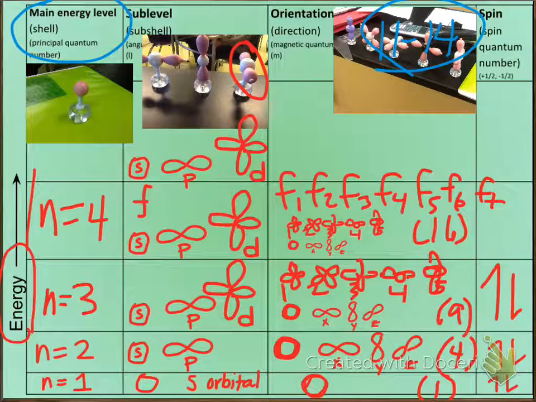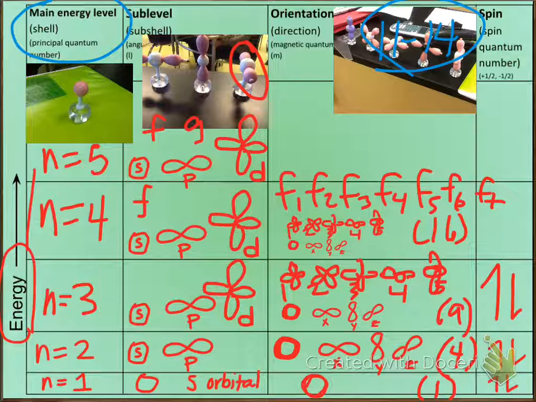When we get up to n equals 5, do you think we add an orbital shape? Yeah, we do. So we have s, p, d, f, and we now add, this is the one nobody ever talks about, g. We add g orbitals. Not even going to try. No way.